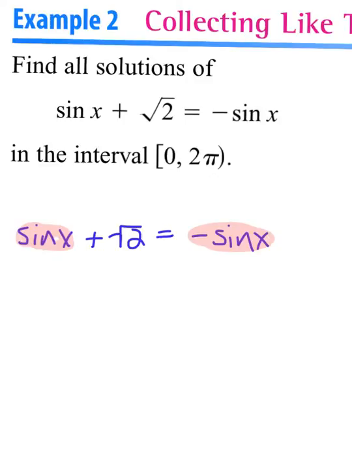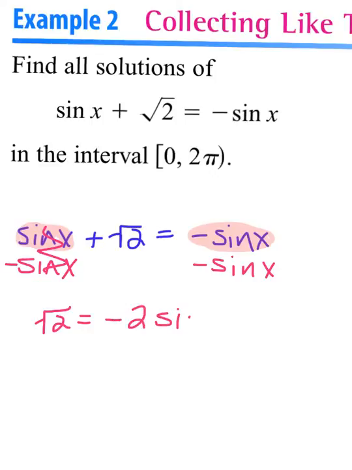What else could I do? Can I just move the sine of x to the right-hand side? All right, I'm going to do that because it's less steps. So I'm going to subtract the sine of x. So I have square root of 2 equals what? Negative 2 sine of x's, correct?